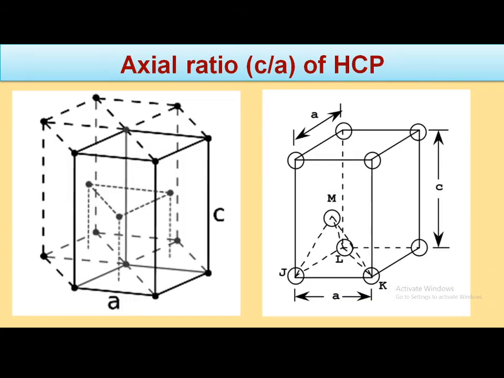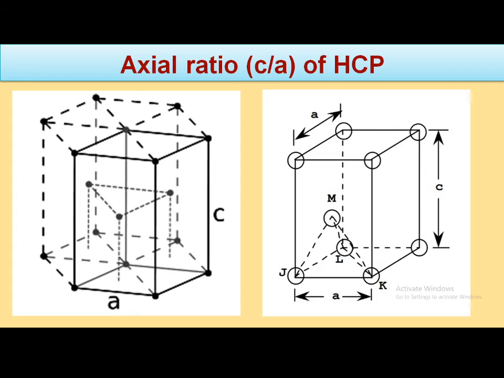And then the axial ratio. In order to find the axial ratio, if you take 1/3 of the unit cell, you can see J, K, L, M. M is the mid layer atom, and J, K, L are the bottom layer atoms.